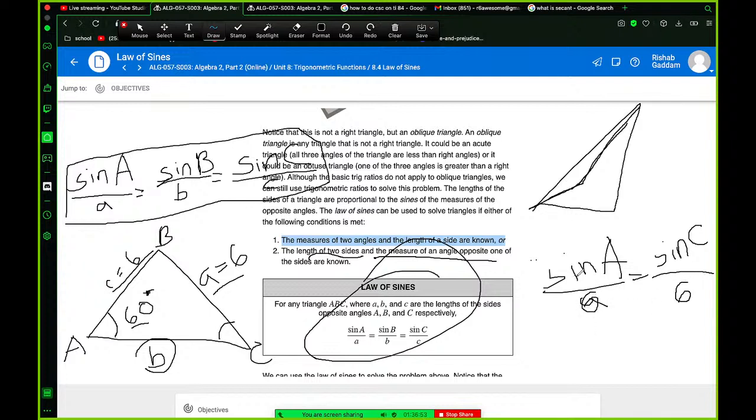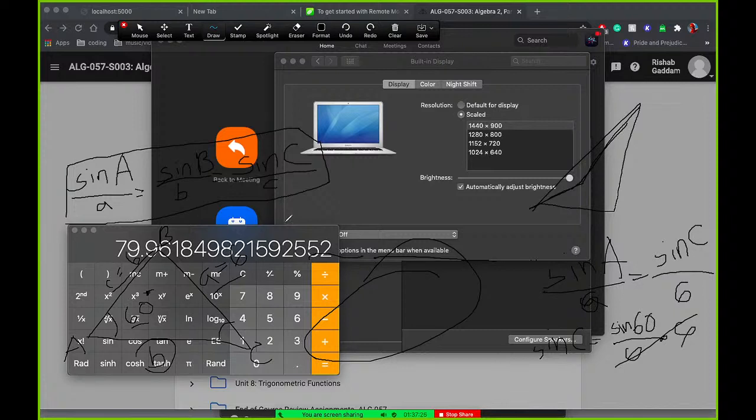Now you bring this to the other side to solve for sine of C. So you'll get sine of C is equal to sine of 60 divided by 6 times 6. So you just get sine of 60. So if you get sine of 60, then you get the sine of C.